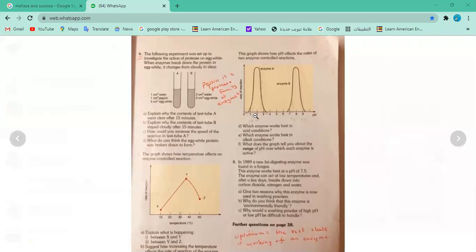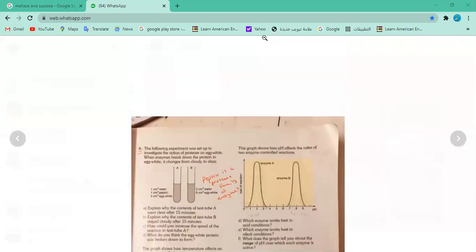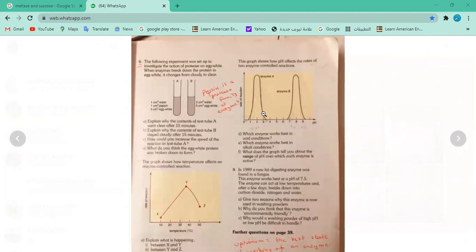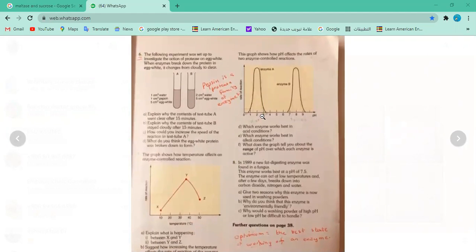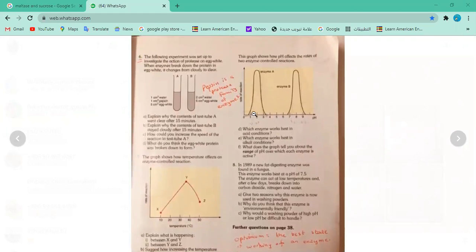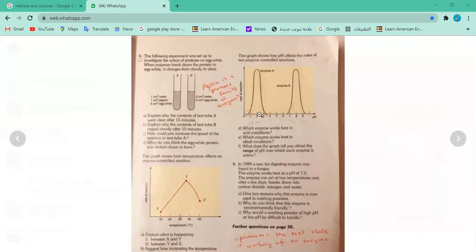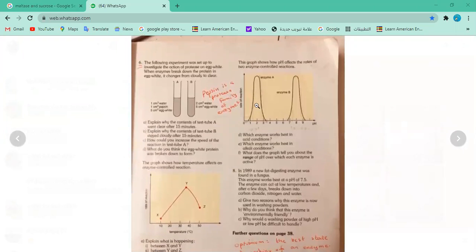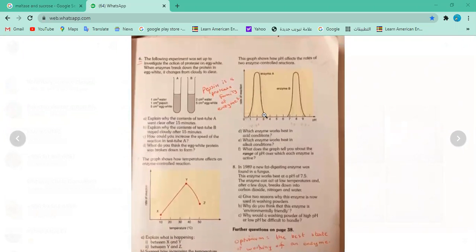The rate of reaction is very slow. Although the enzyme is still working, the efficiency of the enzyme is very low. So the range of pH is starting from 1.2 till 2.8, where 50% activity will still be there. 50% is half of the enzyme activity, but 3 is of course not.